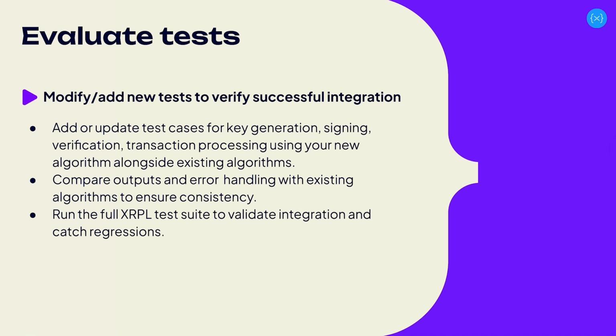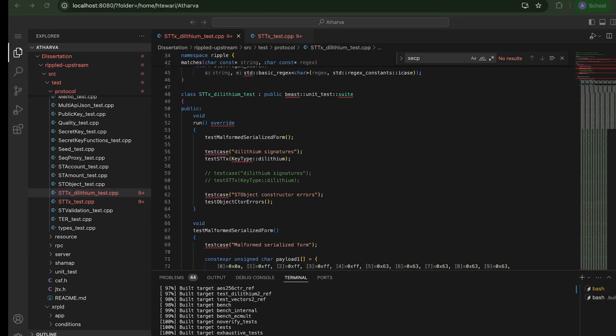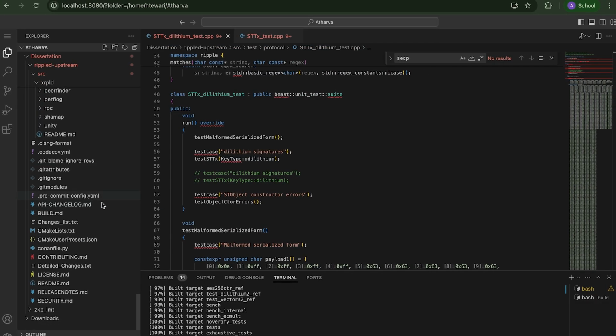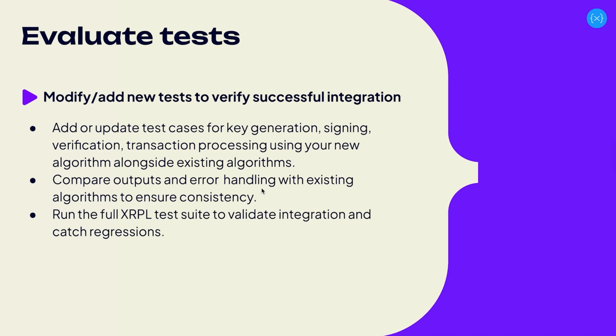With that, we come to the last step, which is run the full XRPL test suite to validate integration and catch regressions. I'll just do one more point before we run the full test suite. So now we have tested the existing logic with Dilithium.